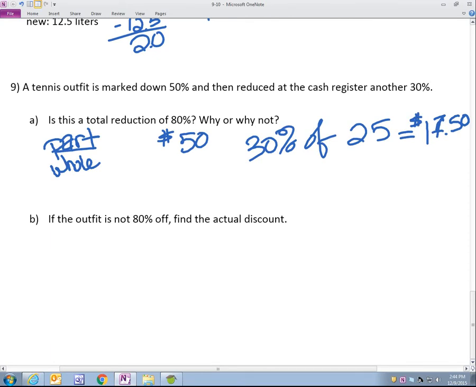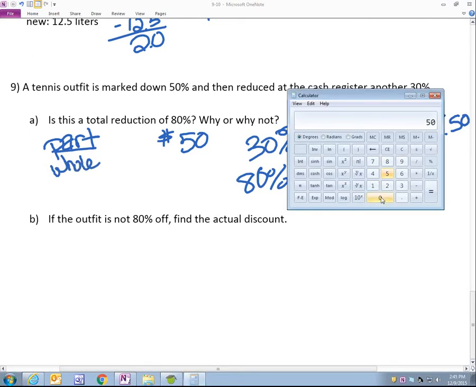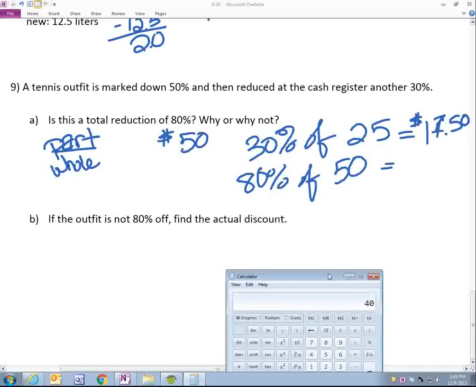Now, excuse me, 80% of 50. 80% of 50. That's $40 off. So that would be $10. The difference is $7.50.